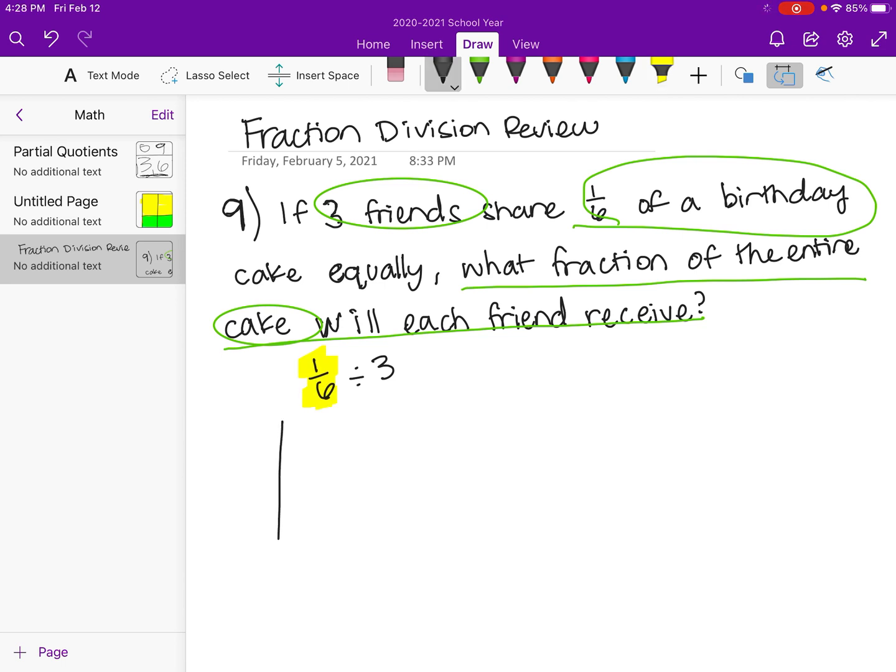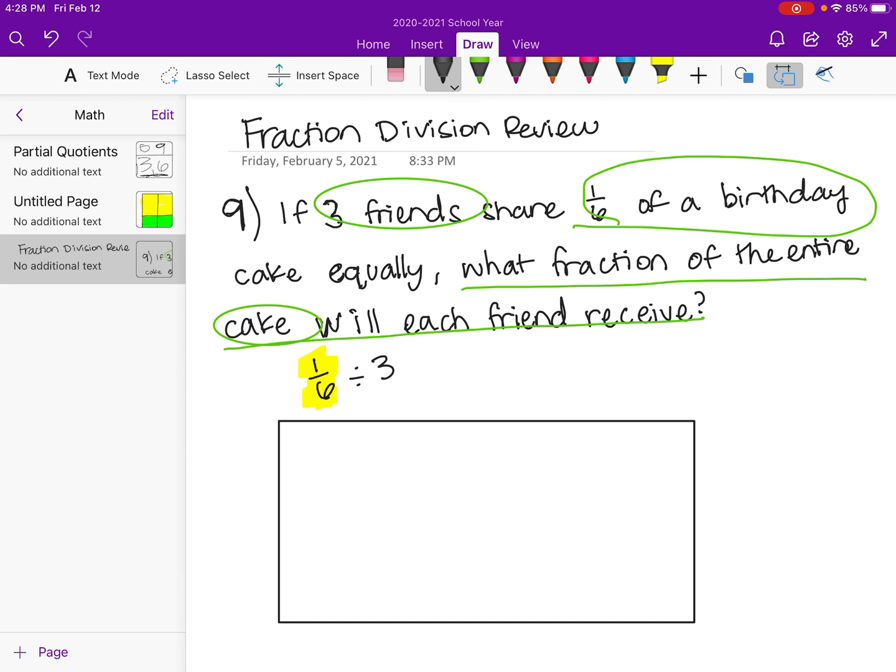And I'm going to draw a picture. Personally, when my dividend is a fraction, I like to draw my whole as a rectangle. If you're doing a circle, I would have to break it into 6 pieces like this, and then I would have to break each of those pieces into 3 more pieces.